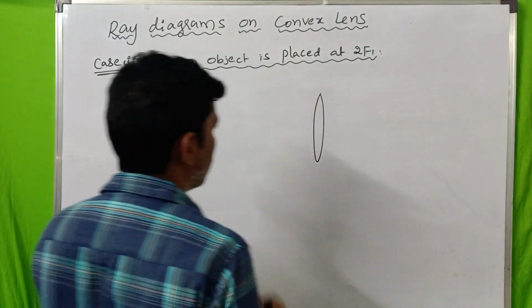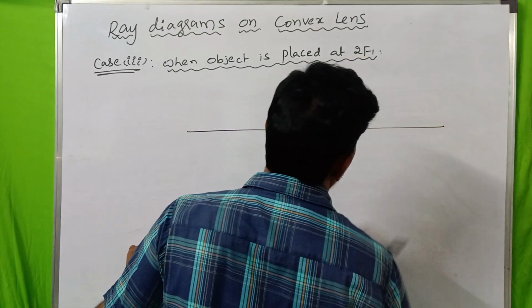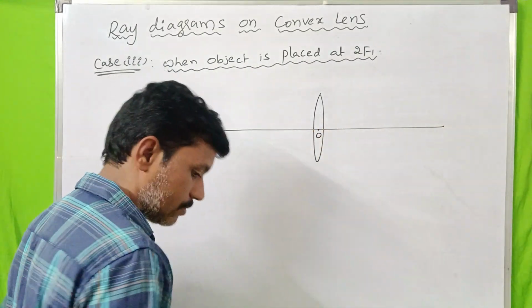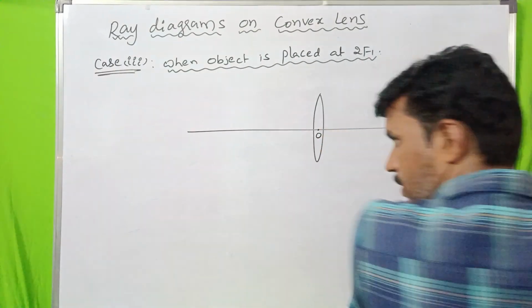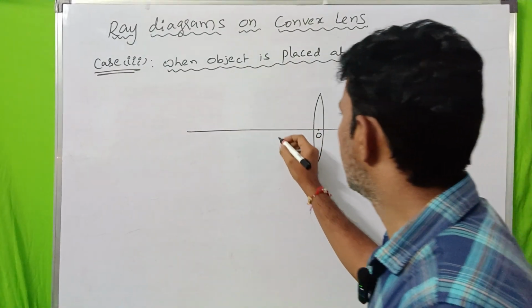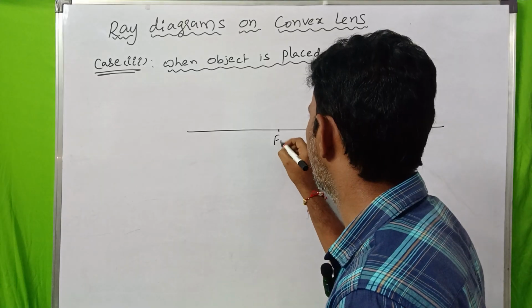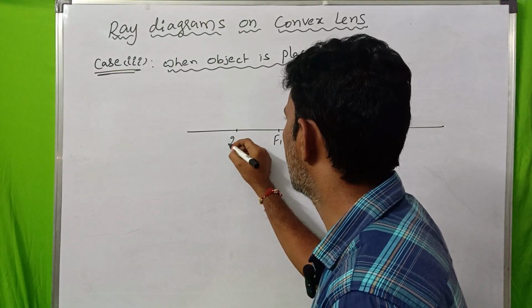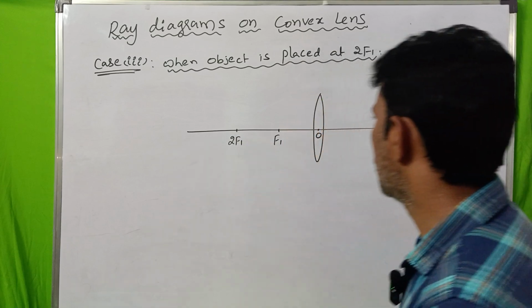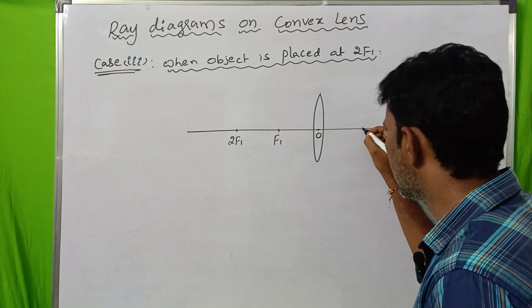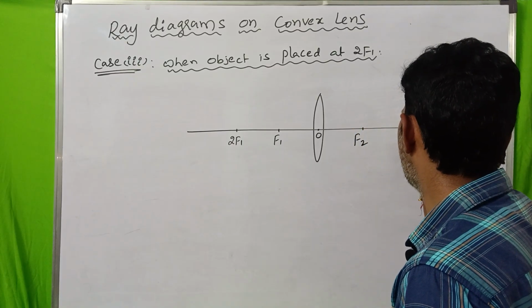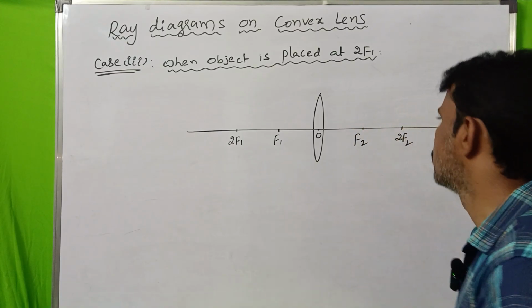So this is the lens, and the principal axis. Obviously we know the optic center. It is the first focus point F1 we can take, and at the same distance we take 2F1. Then F2, and we can write 2F2.